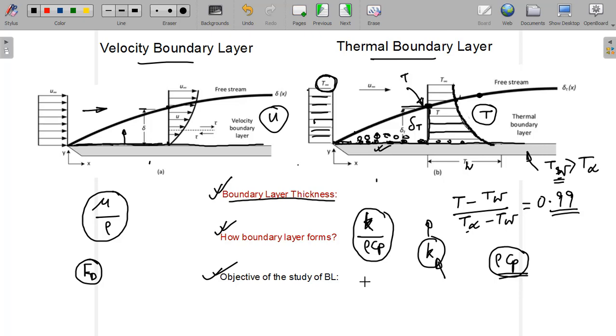Okay, so the main objective is to find out the heat transfer, which was the drag force in case of a velocity boundary layer analysis.